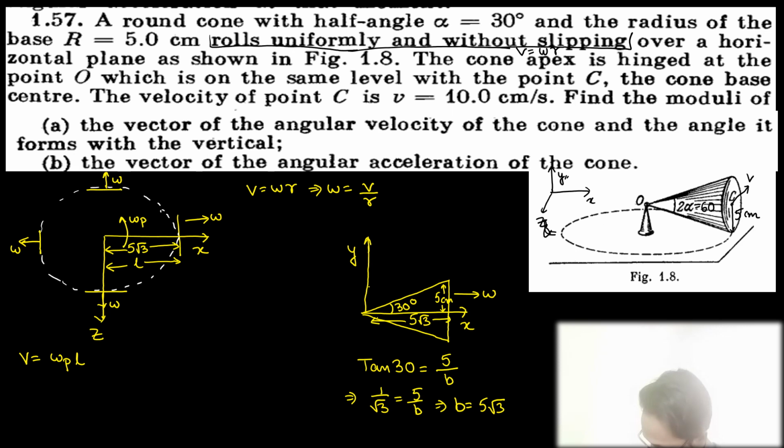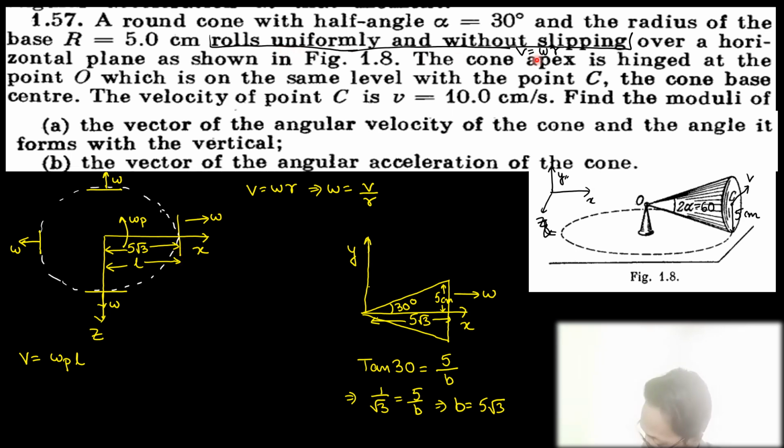Perimeter is equal to 2 pi L. You don't need the perimeter. The main point here was V is equal to omega into R.